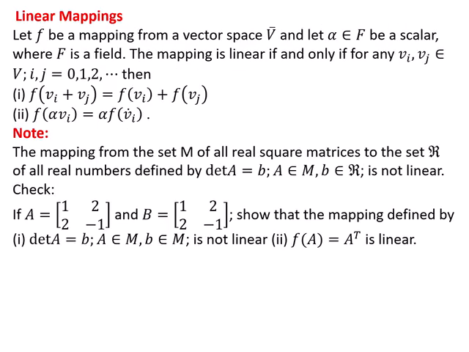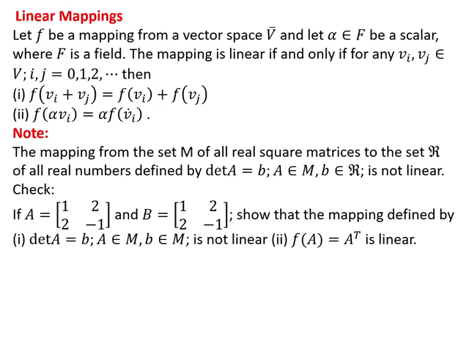So the next one we look at is the linear mapping. Let F be a mapping from a vector space V, and let alpha be a member of a field. Alpha is a scalar, where F is a field.